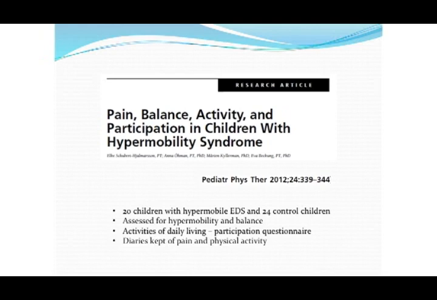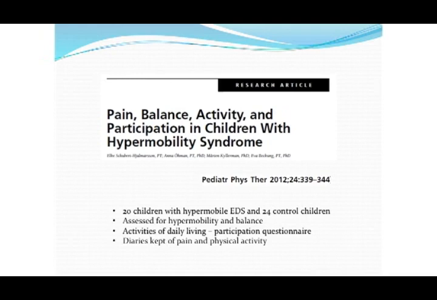This is an interesting paper that was published in 2012 in Pediatric Physical Therapy, documenting increased problems with balance in children with hypermobility. In this paper, 20 children with hypermobile Ehlers-Danlos syndrome and 24 control children were assessed clinically for hypermobility and balance. They were questioned about their participation in activities of daily living and asked to keep diaries of their pain and physical activity.